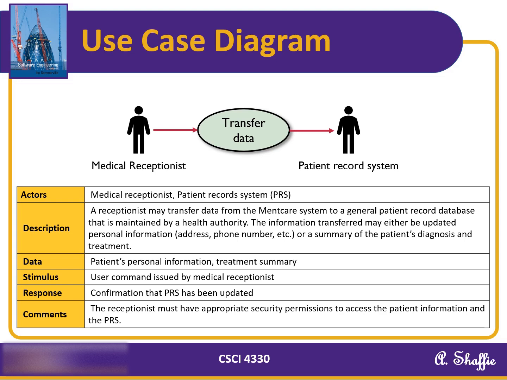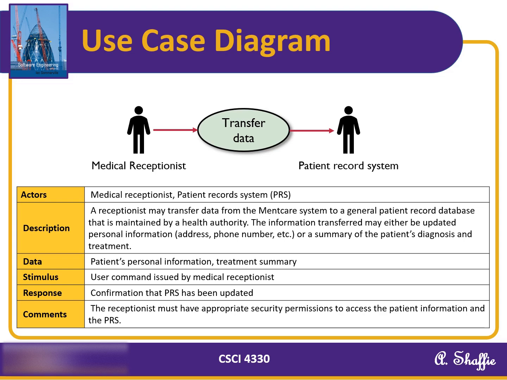In its simplest form, a use case is represented as an ellipse, while the involved actors are depicted as stick figures. For example, here is the data transfer in the Mintcare system. We see two main actors, the operator handling the data transfer and the patient record system itself.